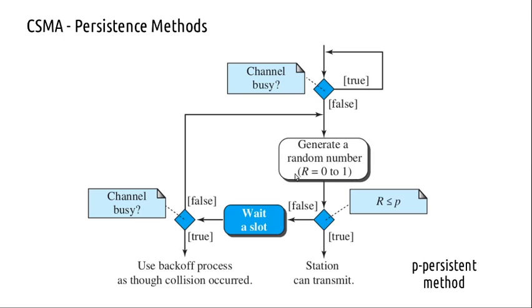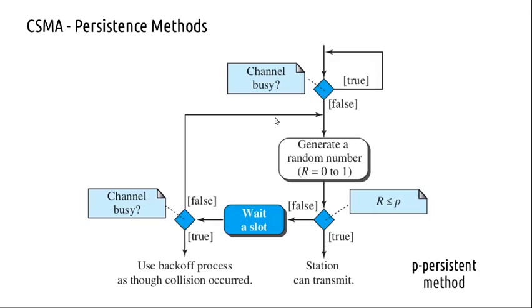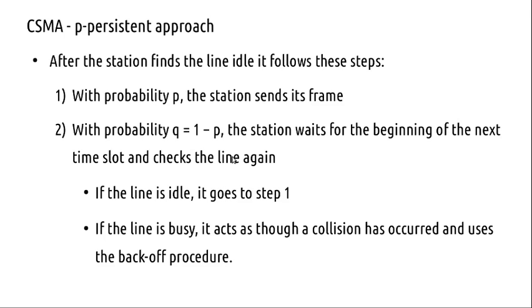You call this R, and it will send the frame with a probability p. So if the random number R is less than or equal to p, there is a probability of transmission, and it will just send the frame.